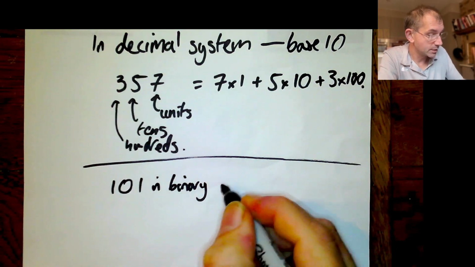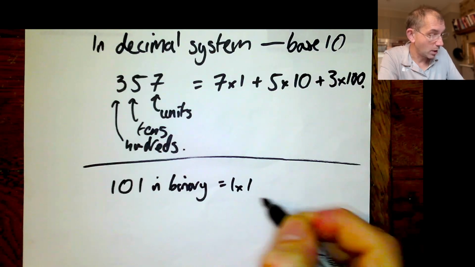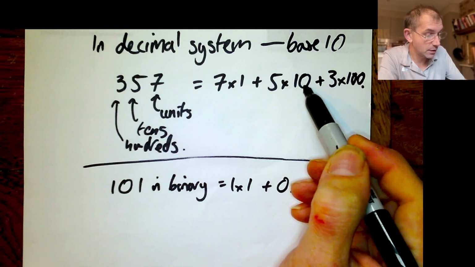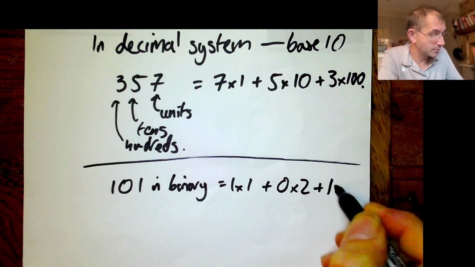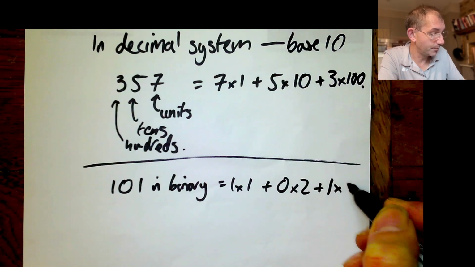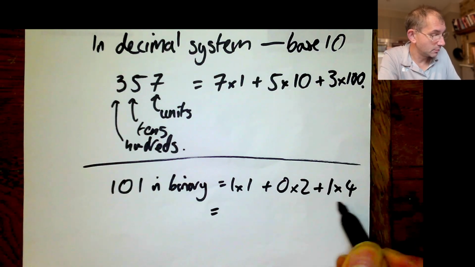So this means exactly the same. 1 times 1 plus 0 times, this time instead of a 10, it's a 2. And then 1 times, this is 2 squared, so 2 squared is 4. And if you then add that up, you get 5.